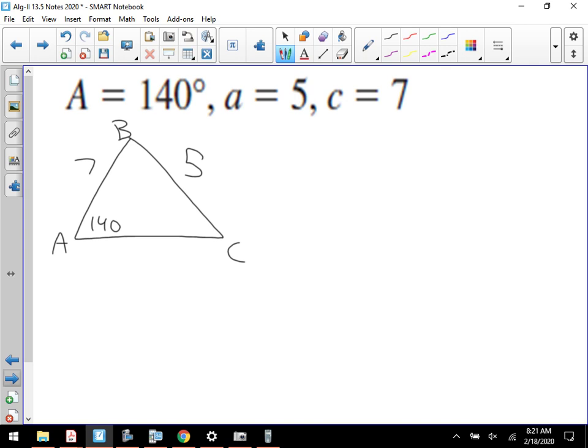But if you look at it, the first angle you're given is already obtuse, which means, can you have another angle that's obtuse? No. So no matter what, the worst case scenario is that this would be one triangle. Okay? But look at it closely.